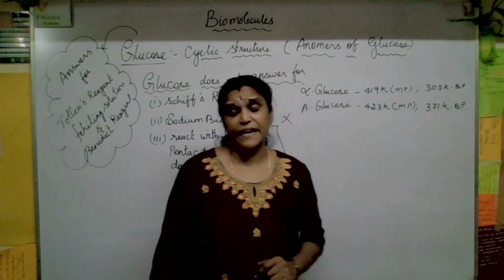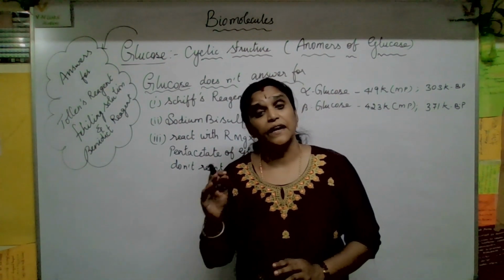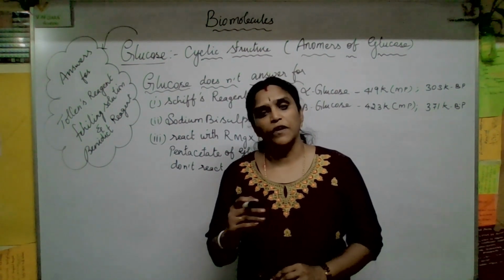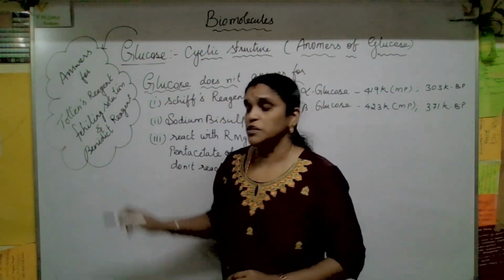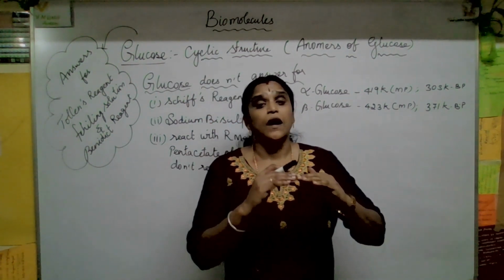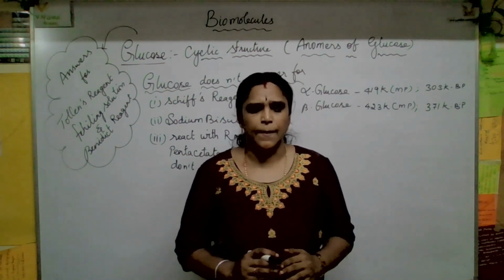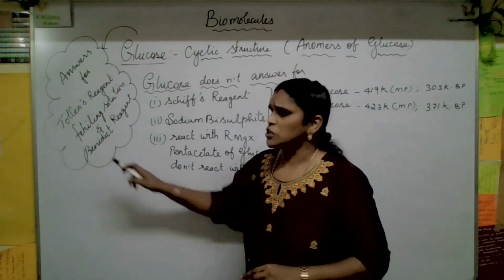The next point is actually very interesting. Through the aldehyde group present in glucose, we found with Tollens reagent, Fehling solution and Benedict reagent that it is an aldohexose. But it answers only for Tollens reagent, Fehling solution and Benedict reagent.